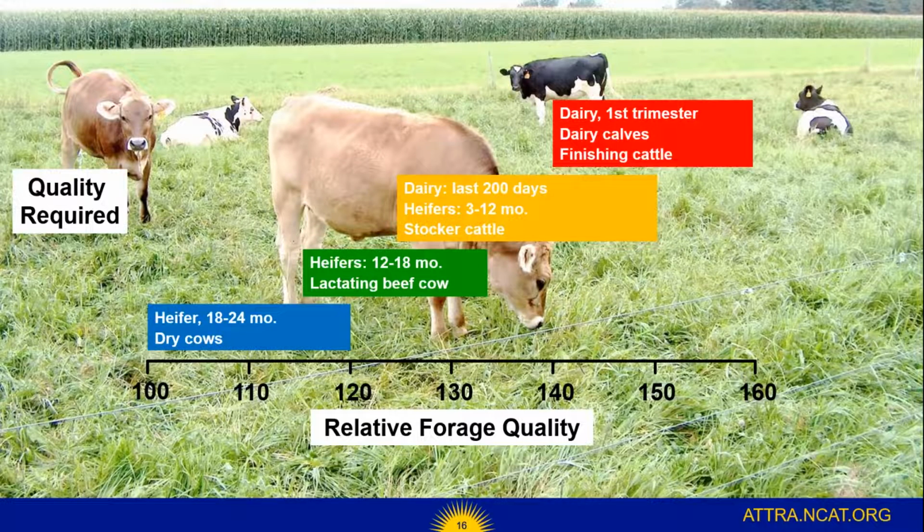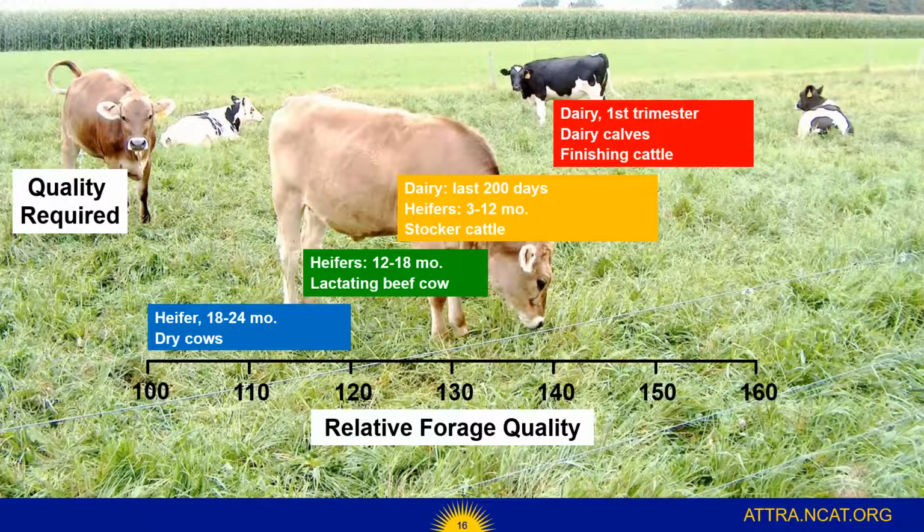But if we're trying to finish animals on pasture, and this is using the scale of relative forage quality, the higher that scale goes, the higher the nutrient requirements are for those animals. So a finishing animal or a dairy animal has very, very high nutritional requirements.